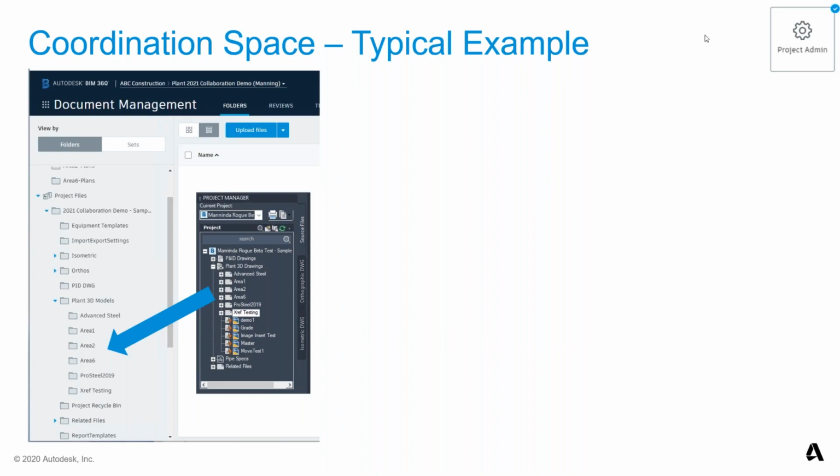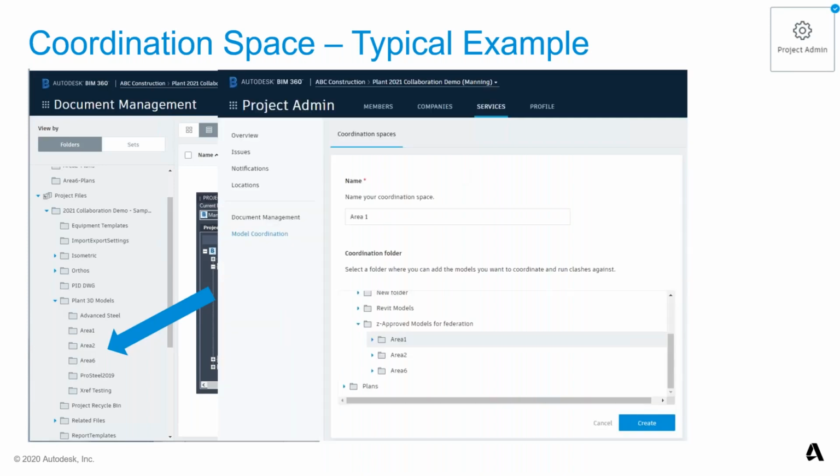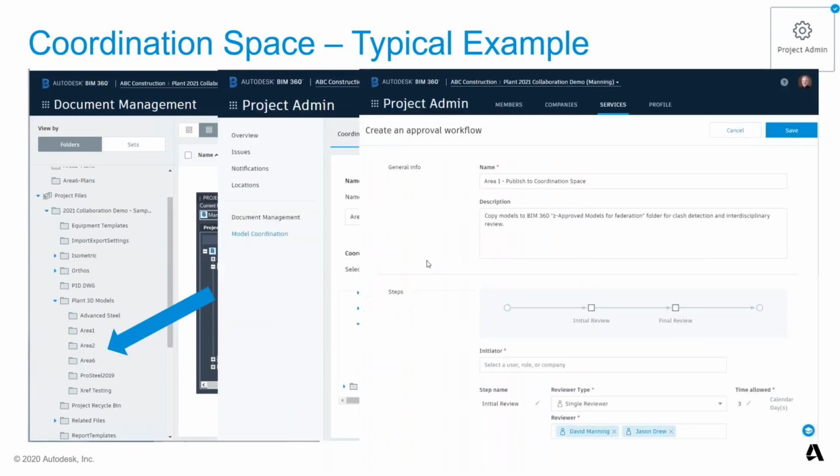That's where we're aiming to integrate the processes in a project into the system, getting everything in one place and connecting it. And so what's shown here is just the setup of this coordination space again, and how to set up this approval workflow.